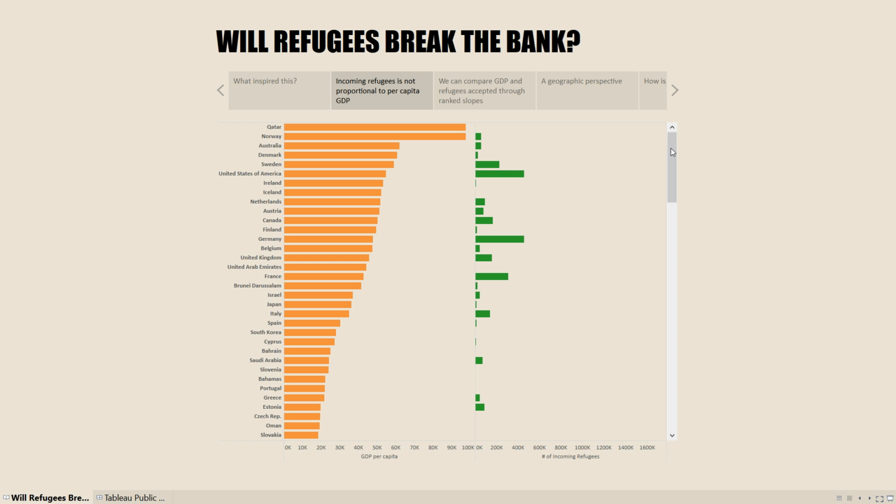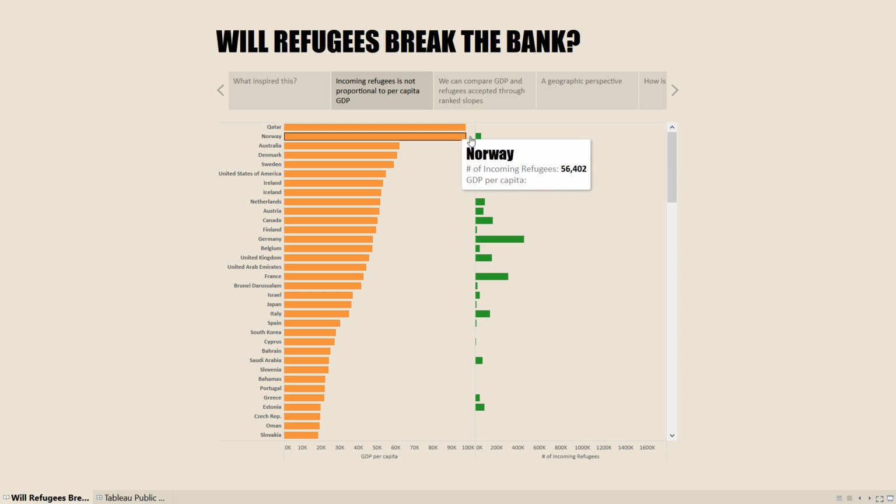When we first look at our data, on the left side we have countries organized by GDP per capita, and on the right side, the total number of incoming refugees. This completely disregards internally displaced refugees. If we look at it, the top ones are not necessarily proportional to the number of incoming refugees.